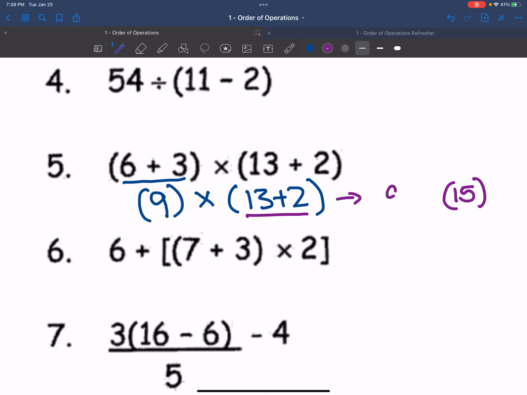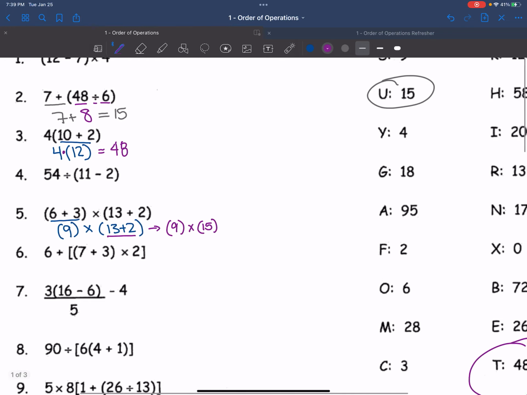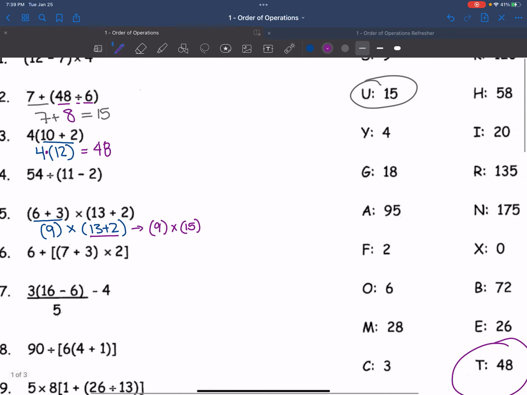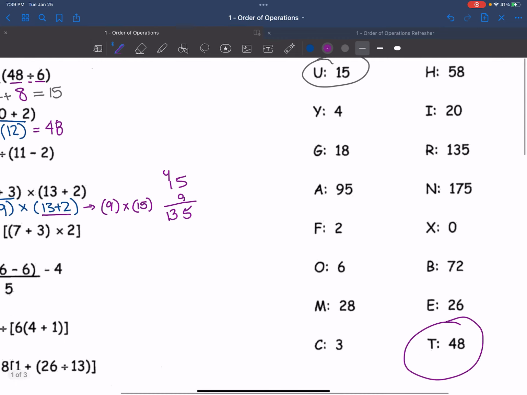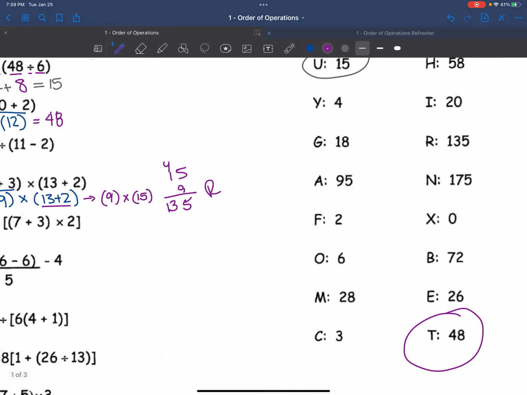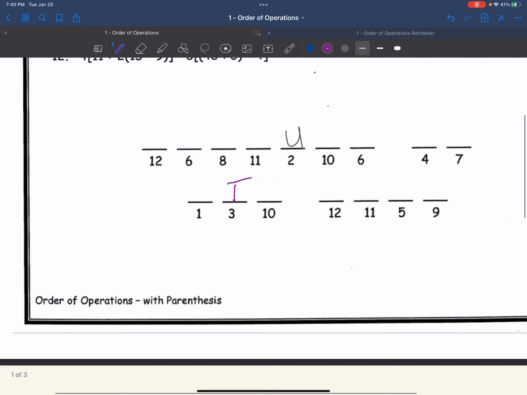So now we have 9 times 15. And 9 times 15 gives us a big number that is 120-something. Let's see, 15, 9, 4, 5, 135. So that's going to be R. 5 is R.